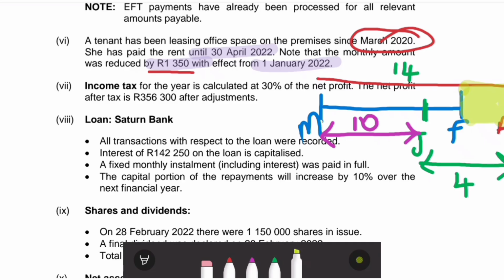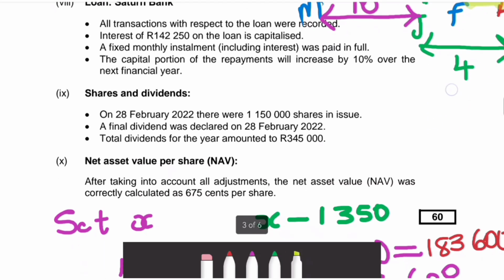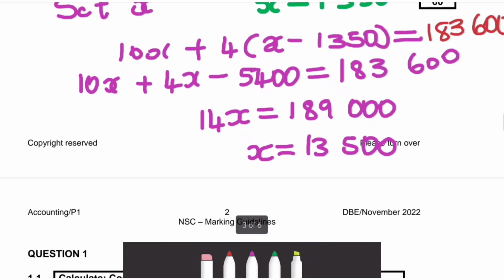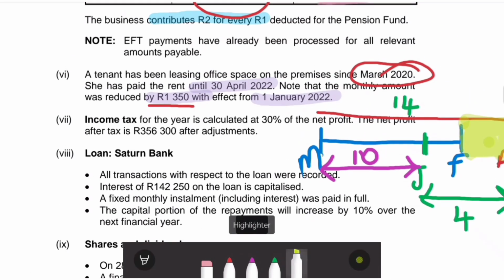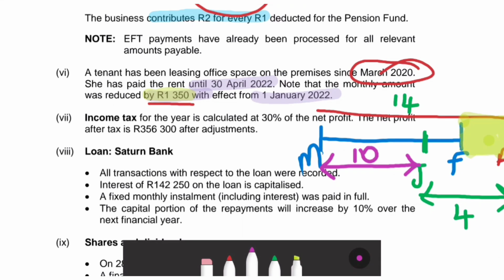And at this time, the rent that we were receiving was not 13,500. It was 12,150 per month. Why is that? Because we are told that on the 1st of Jan, rent was now reduced by 1,350. Total rent that we need to subtract is 2 times 12,150.